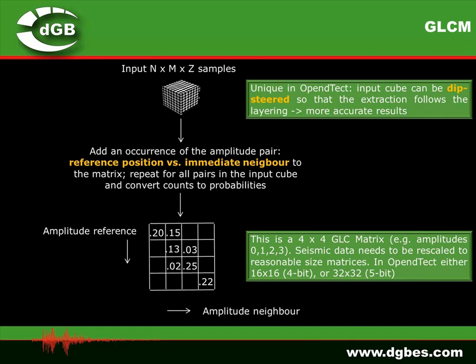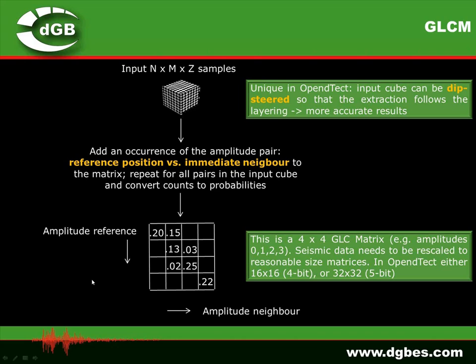The matrix is originally filled with the number of times an amplitude pair occurs, so a reference and its immediate neighbor, and then it's turned into probabilities. The matrix to be used for the attribute calculation has to be symmetrical, so it is made symmetrical by using its transpose.